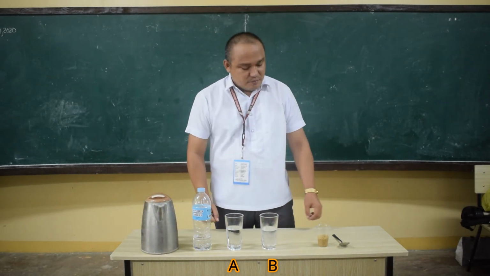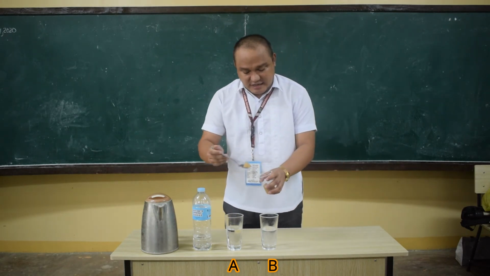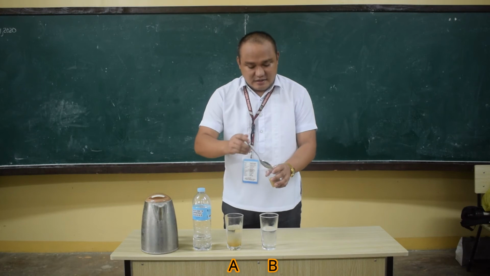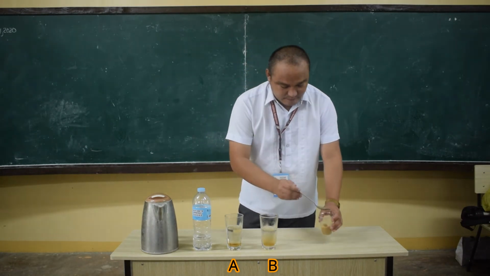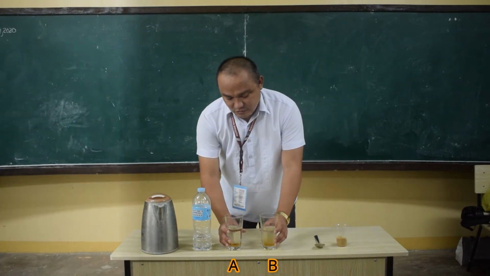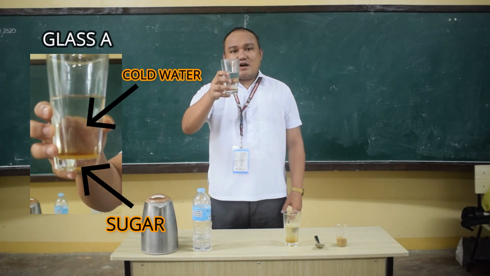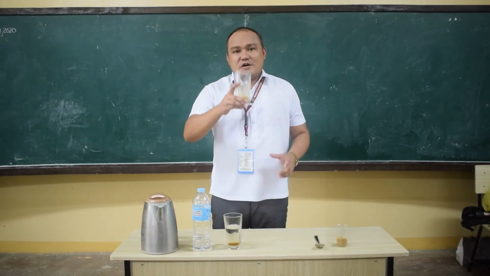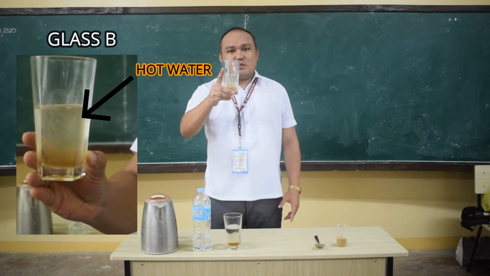And put 1 spoon of sugar in glass A and in glass B. Observe what happened in glass A with cold water. Observe what happened in glass B with hot water.